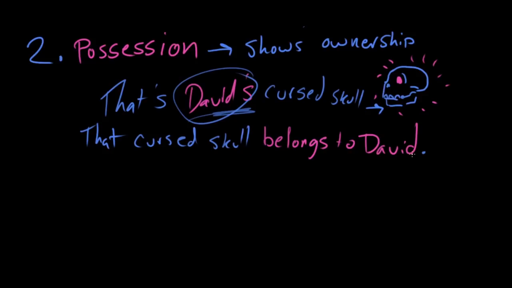So apostrophes can show contraction, much like we're also doing in this part of the sentence with that's, because this is a shorter version of that is David's cursed skull. But we're condensing or contracting that into that's. But it's also being used for its second purpose here, which is David's, and this is what we call the possessive or the genitive case, saying that this cursed skull belongs to me.